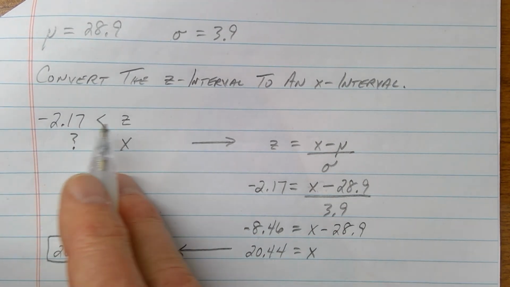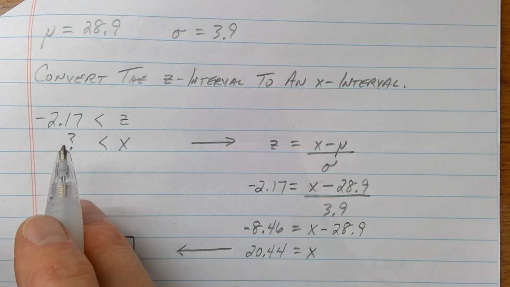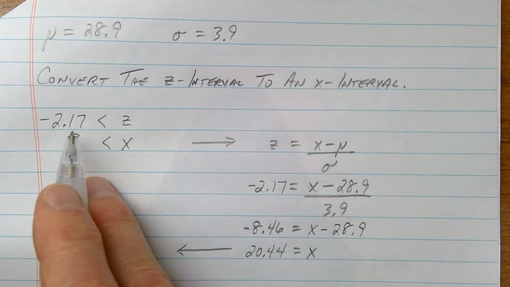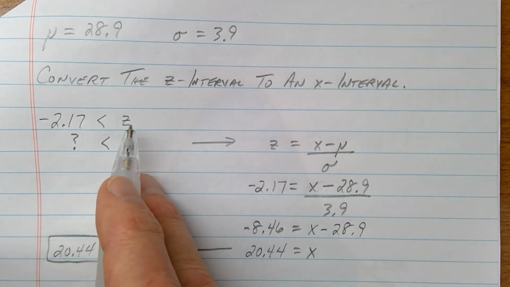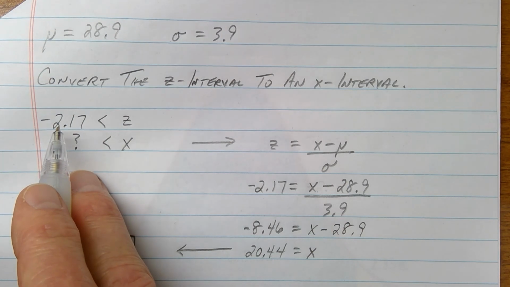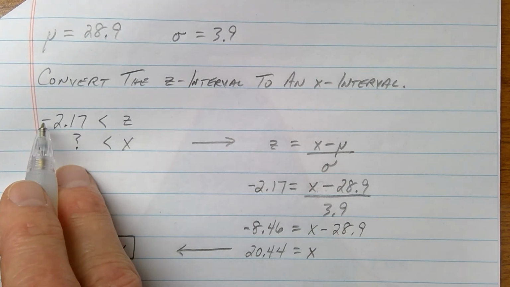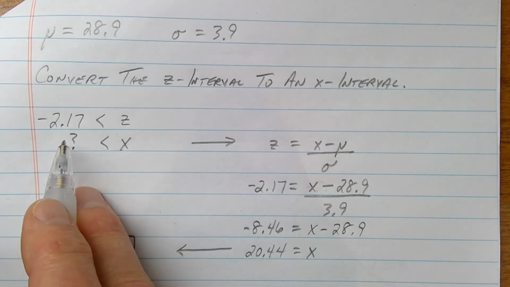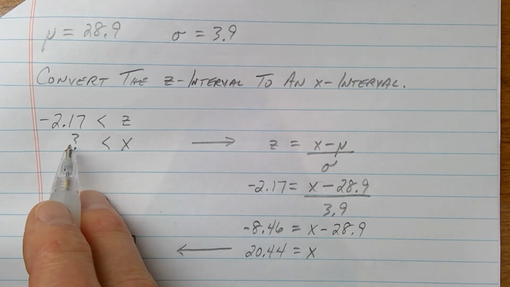Well, we could flip it around if we want to, but all I'm really looking to do is change this z number to a raw score on the quiz, all right? So if they're 2 and a little bit more below average, this is 2 steps below average and a little bit more, well, what kind of score was that on the quiz?